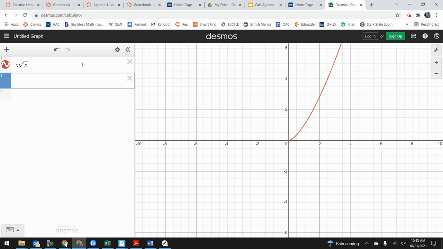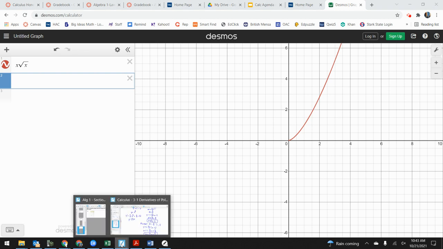You guys know you could type in square root into anything, and if you just do SQRT, watch, SQRT turns into a square root. Fancy. Okay. And then the tangent and normal line.